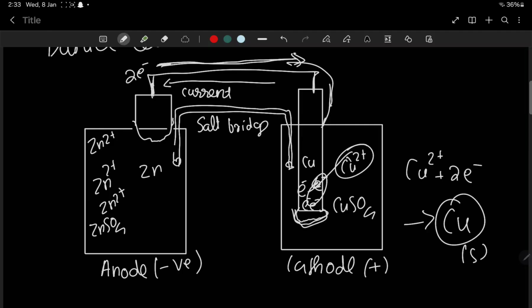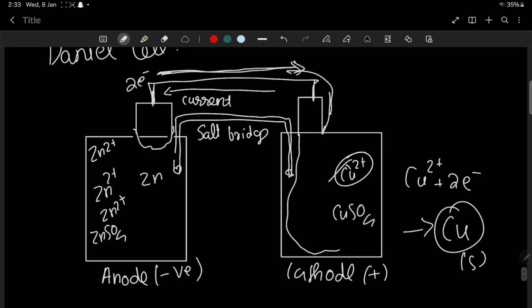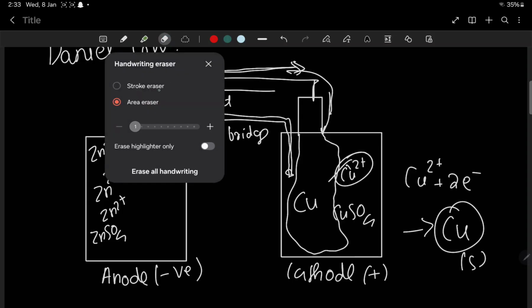And the copper electrode gains solid copper from the copper sulfate solution, so the copper electrode becomes big. This is the copper electrode, this is the zinc electrode. So this is what is happening in a galvanic cell.